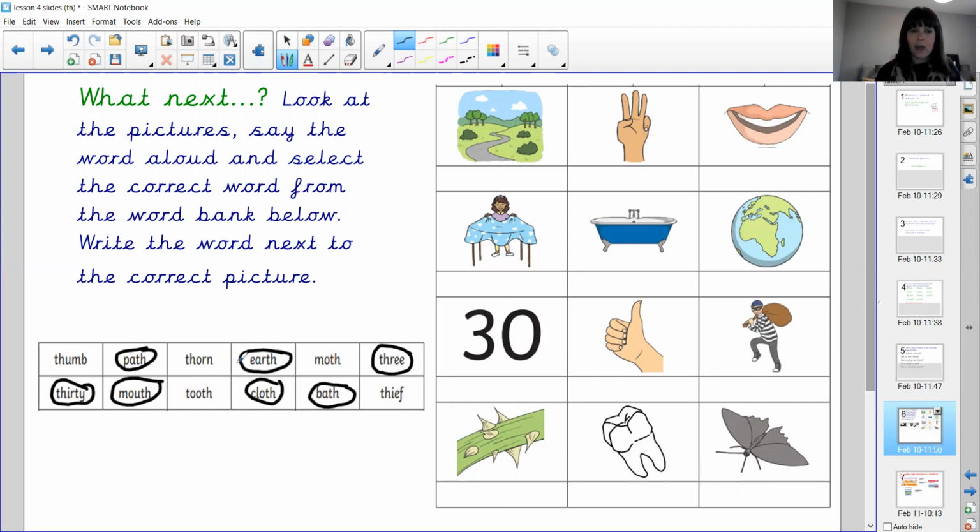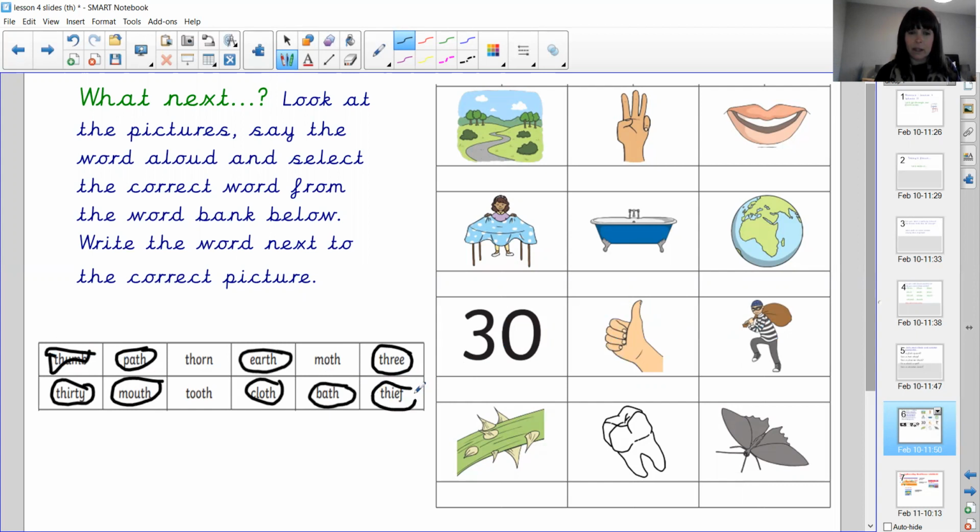The next one, thumb. Thumb. Some of these digraphs and some of these sounds we haven't covered yet, but hopefully you can just have a guess of the sounds that you can hear and whether the sound is at the beginning or the end of a word. So we've done thumb. The next one is a thief.